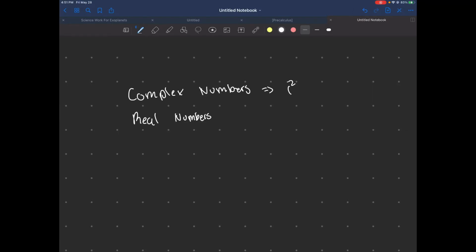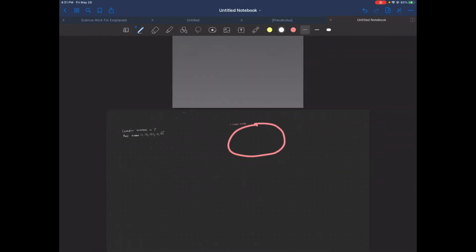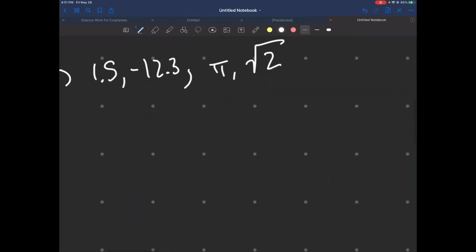Okay, so let's start. Real numbers are like, for example, 1.5, -12.3, pi, and the square root of 2. Now, all of these can be seen on the number graph.